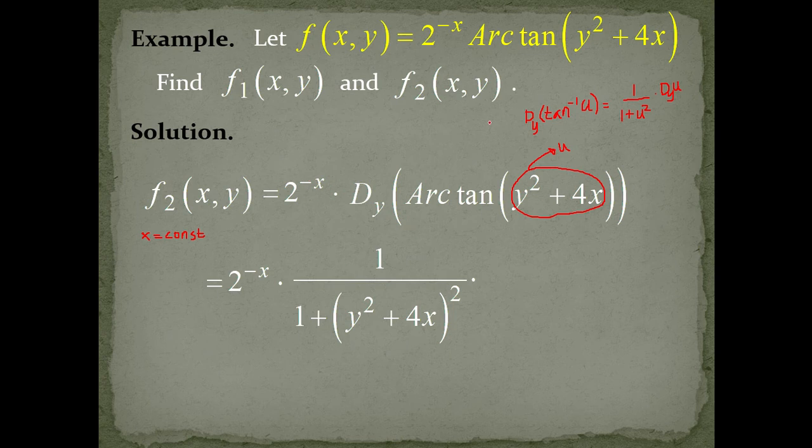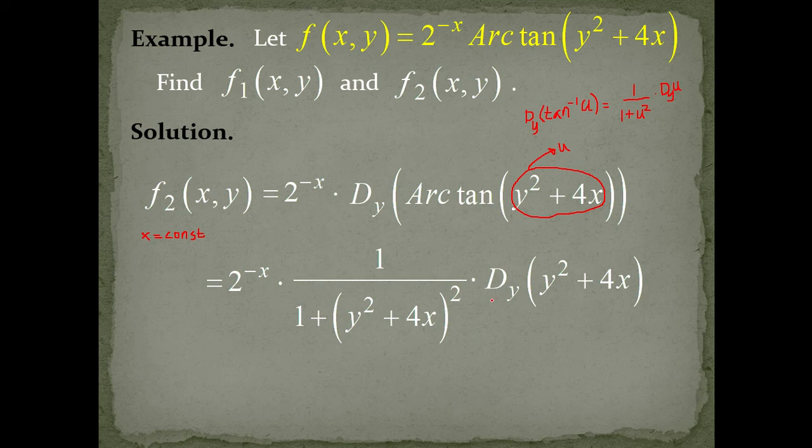So using the formula, derivative of arctangent u is equal to 1 over 1 plus u squared. Our u is y squared plus 4x. Then you square this one, then times the derivative of u with respect to y. Alright?